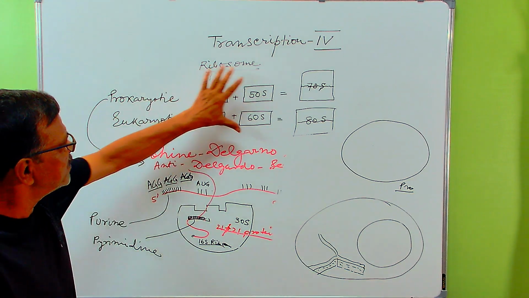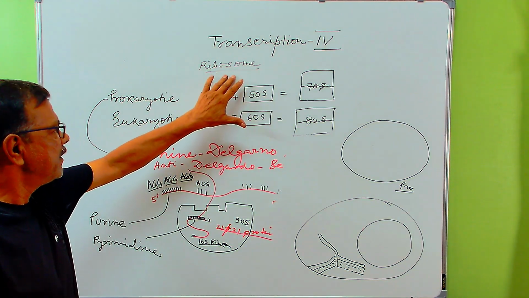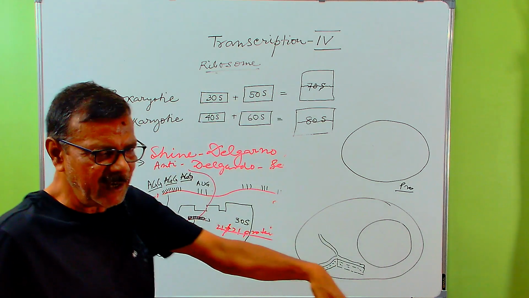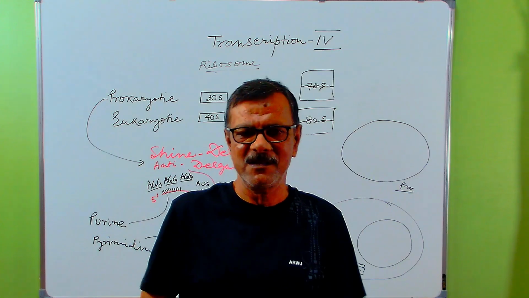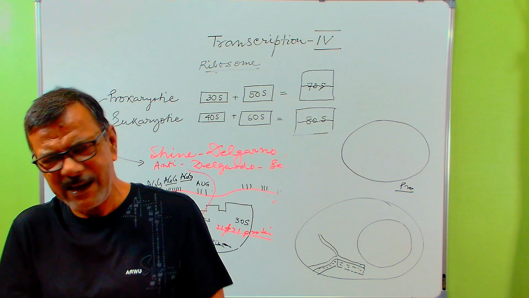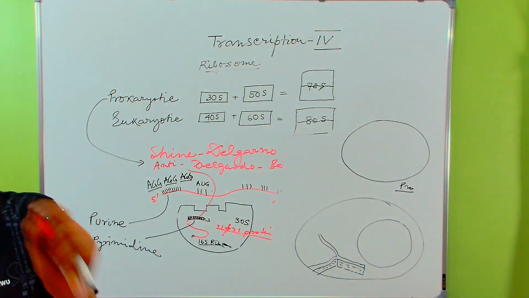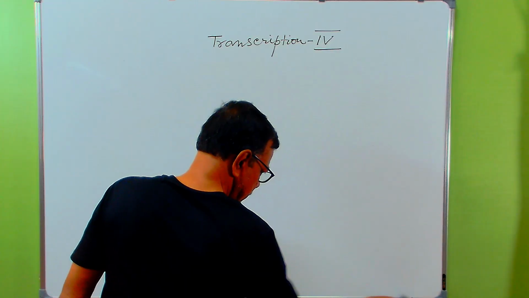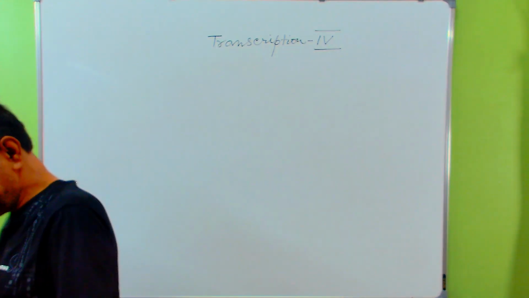So after completion of this ribosome, we go directly into the transcription process. Then it will be easier for you to understand. Already we have discussed everything. Now a little bit of time to understand it properly.